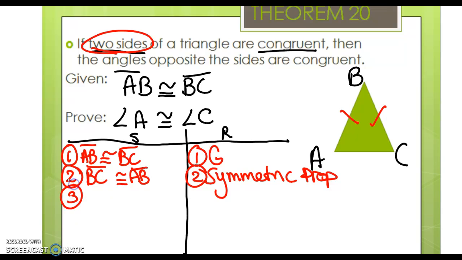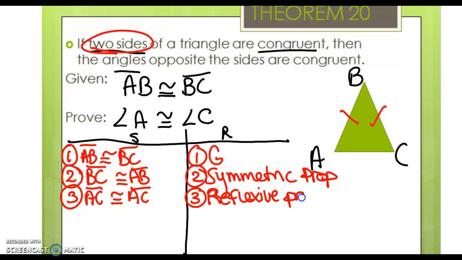Then, hopefully, you can see that it is true AC is congruent to itself. And here is where I'm going to use the reflexive property, because the reflexive property says anything is congruent to itself. So again, it seems a little weird, but now I'm going to say that triangle ABC is congruent to triangle CBA.